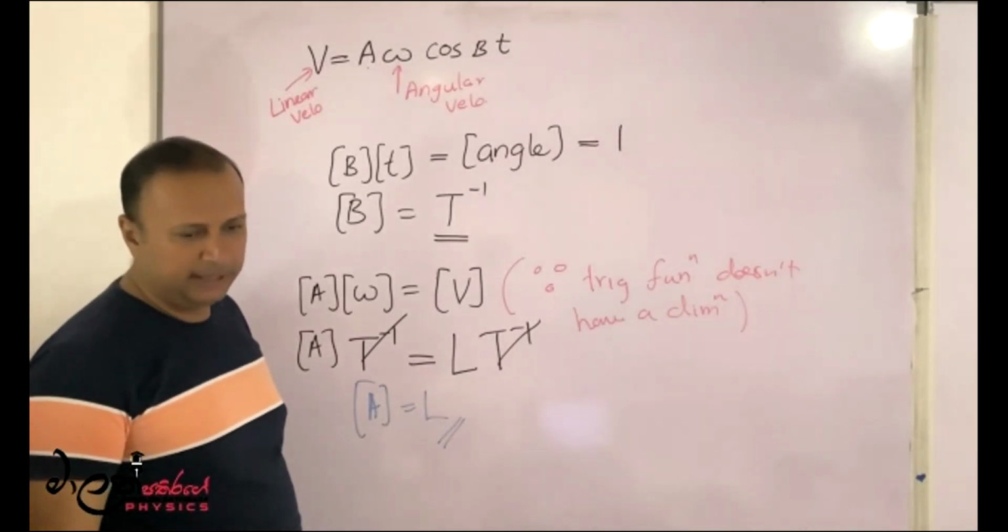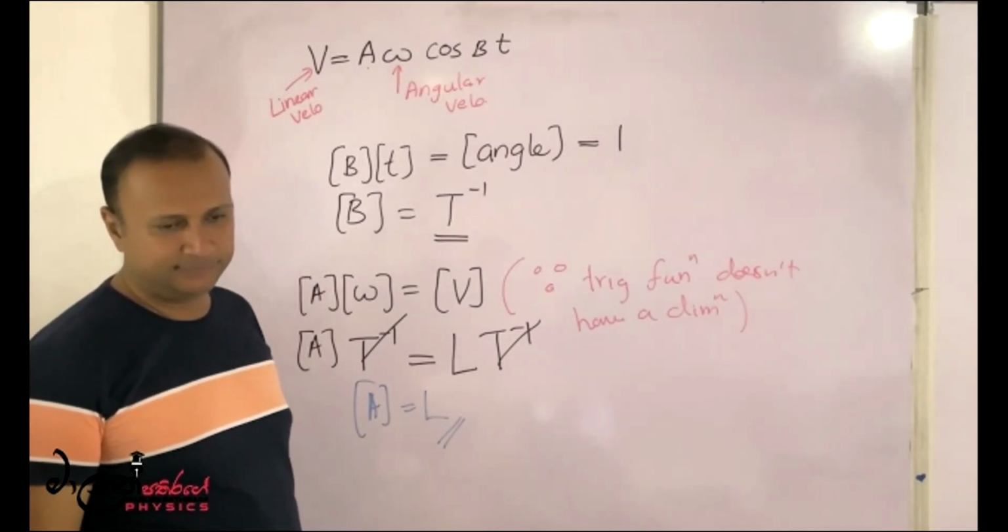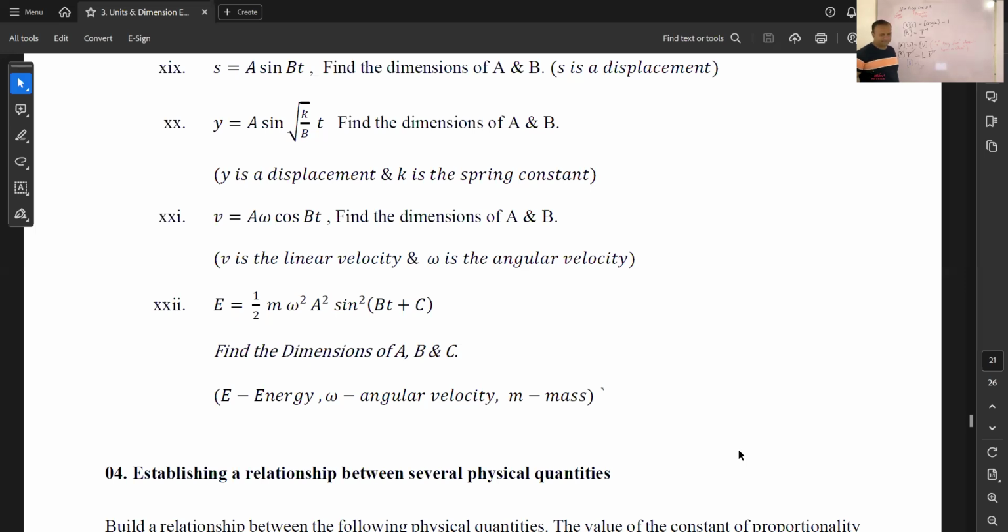Correct. Now the last one. E is equal to half m omega square A square sin square (BT plus C) dt.